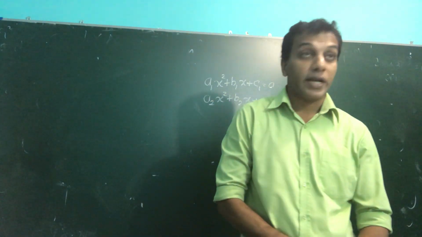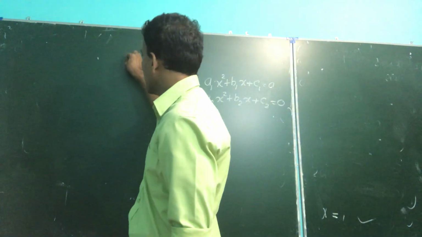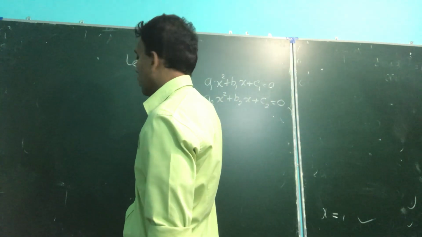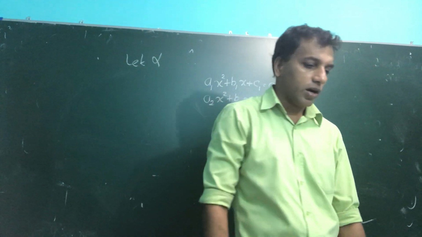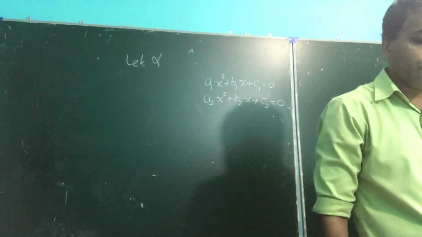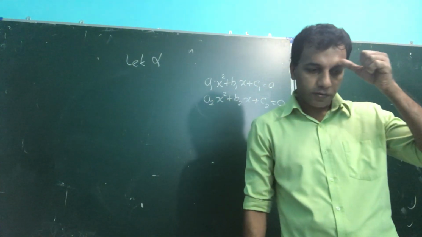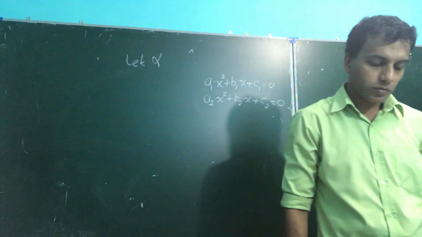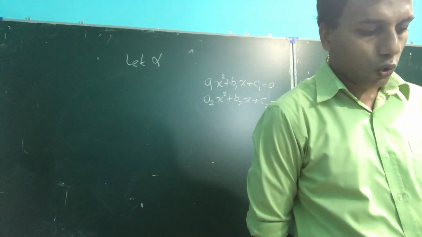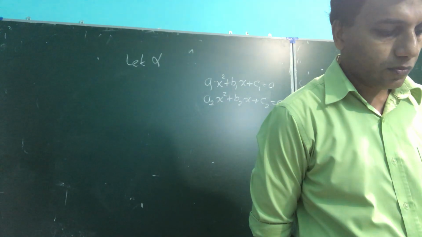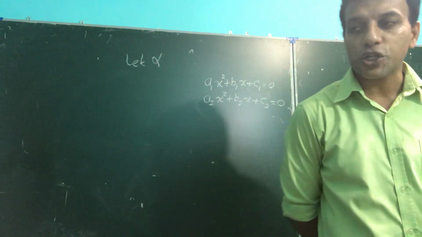Okay, so now write this. Let alpha be the common root of the two quadratic equations.